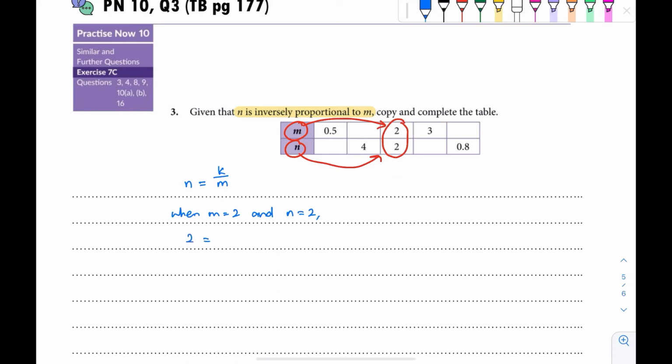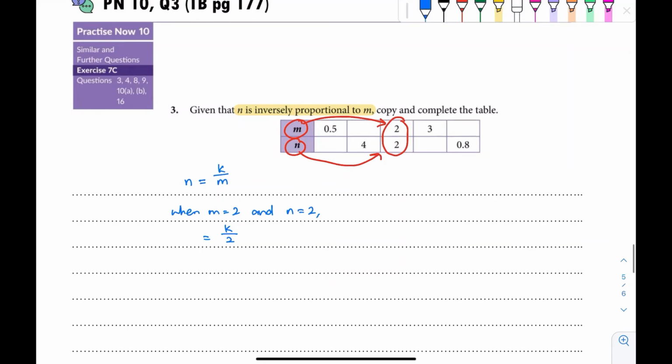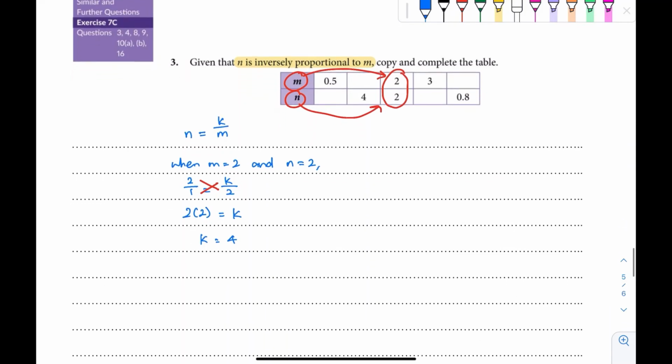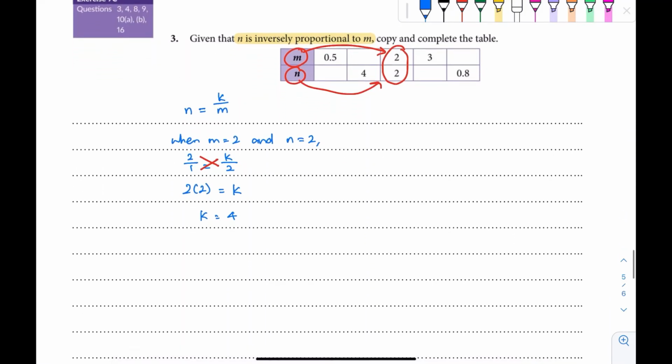So 2 equals k divided by 2. Okay, so 2 is actually 2 divided by 1, right? We can see this as a fraction and a fraction, so we can cross multiply. Therefore, 2 times 2 equals k. Hence, our k equals 4. And the equation that satisfies this question will be n equals 4 divided by m.